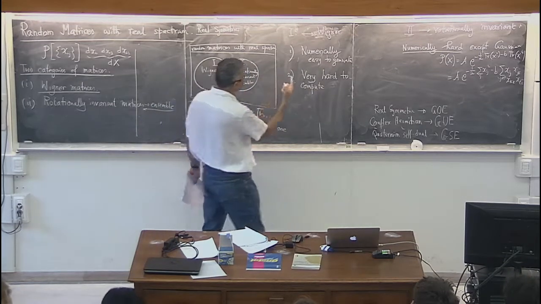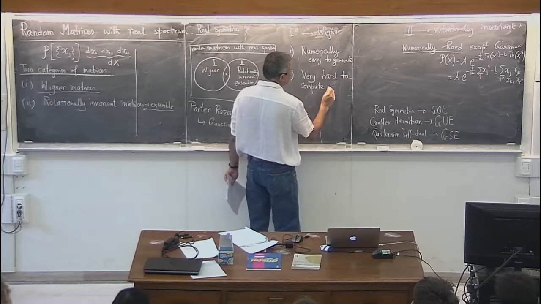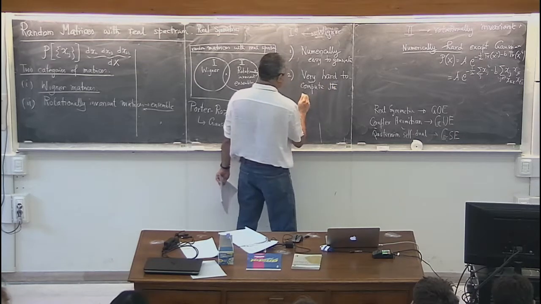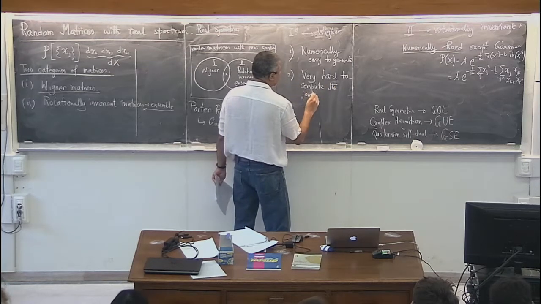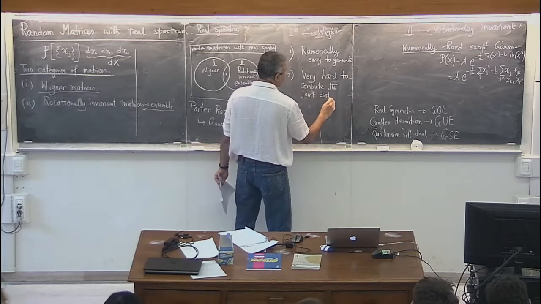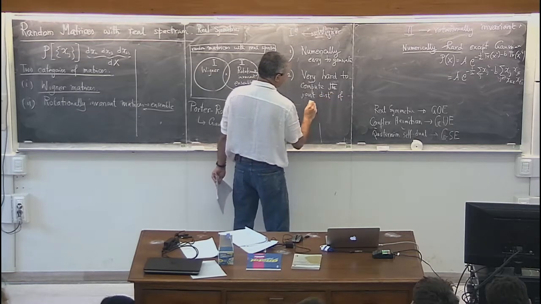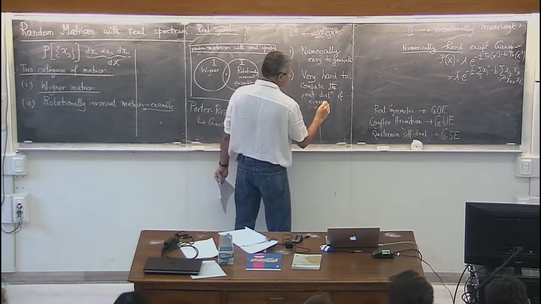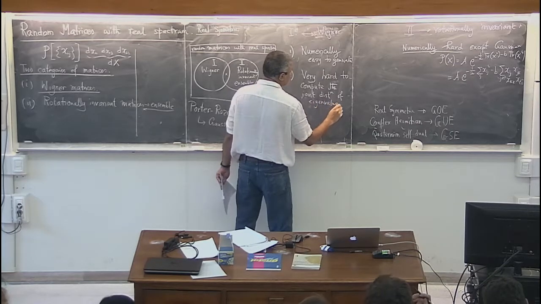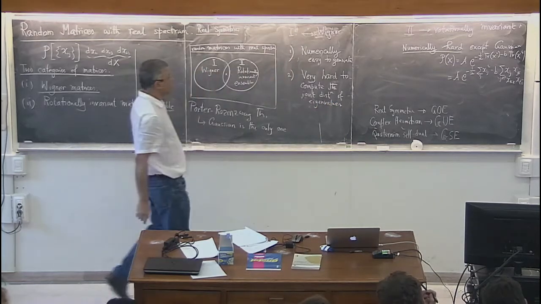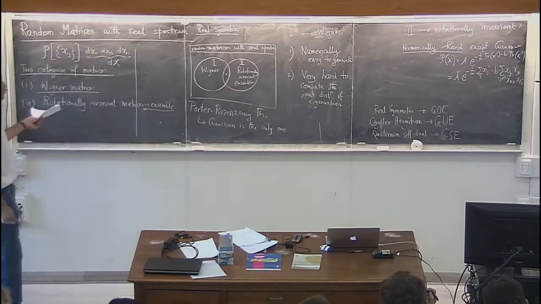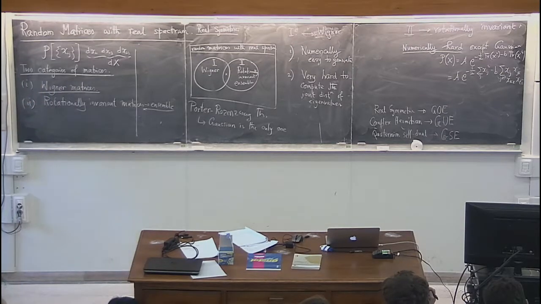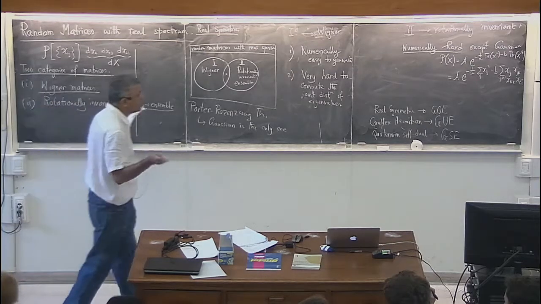Now for Wigner matrices, it's extremely hard to compute the joint distribution of eigenvalues. For instance, I will give you an example, which is the adjacency matrix of the Erdos-Renyi graph. Nobody knows what is the joint distribution of the eigenvalues. Okay, it's still an open problem completely.